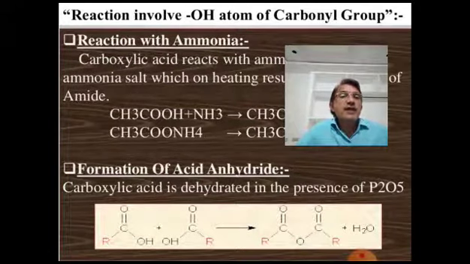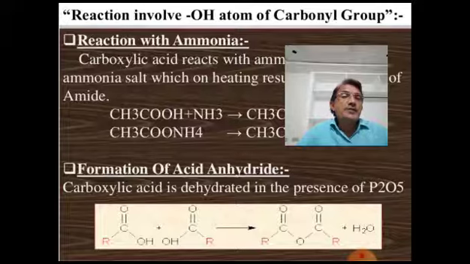Formation of acid anhydride. Carboxylic acid is dehydrated in the presence of P2O5, that is phosphorus pentoxide. In the presence of phosphorus pentoxide, which is a strong dehydrating agent, from two carboxylic acid molecules we get an acid anhydride.